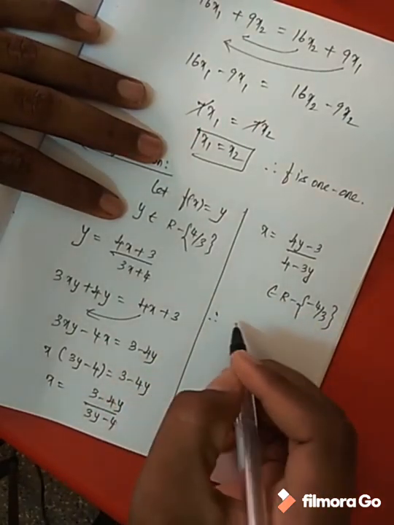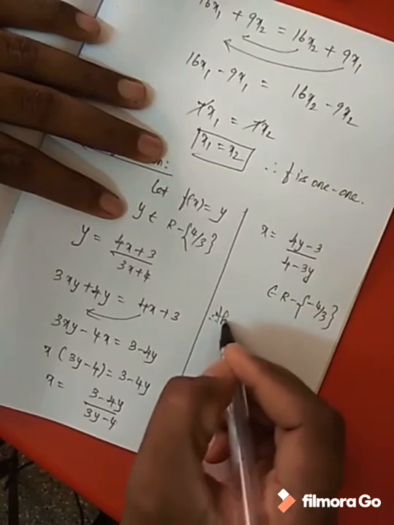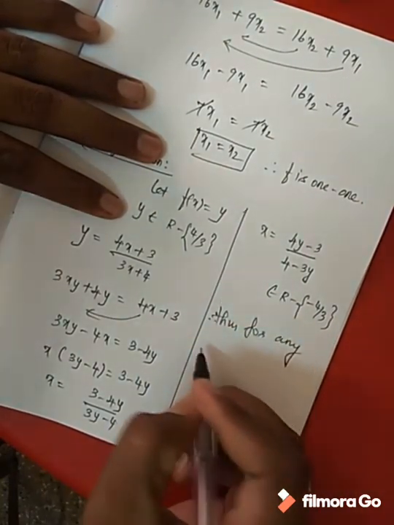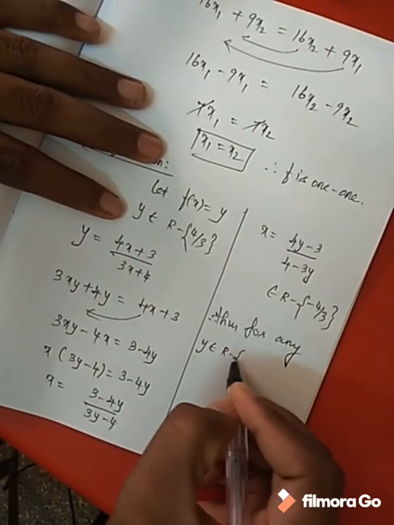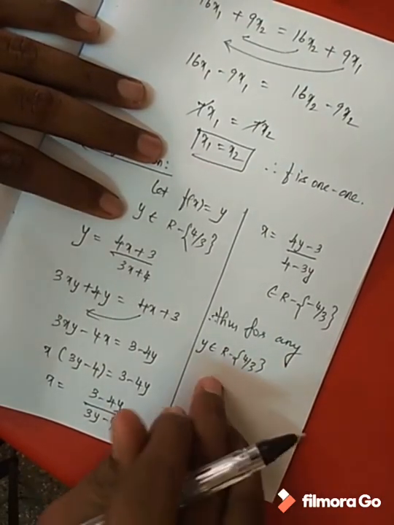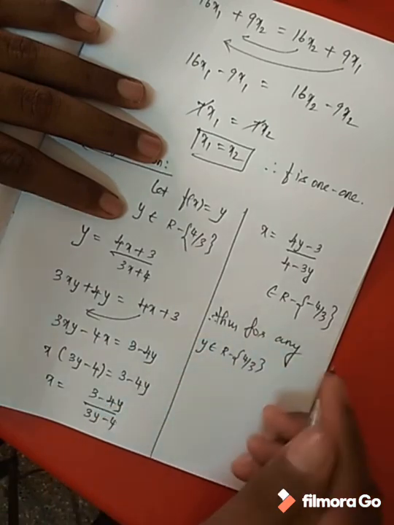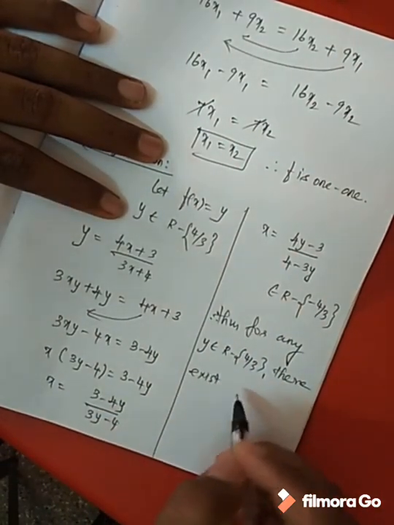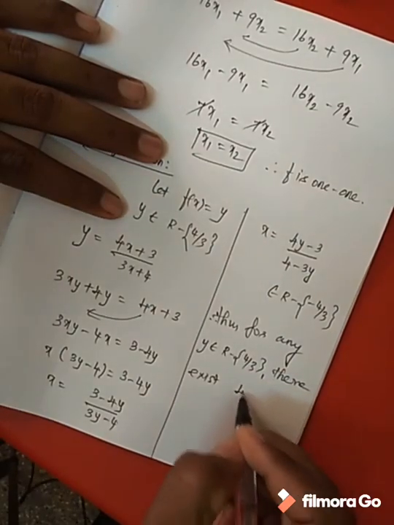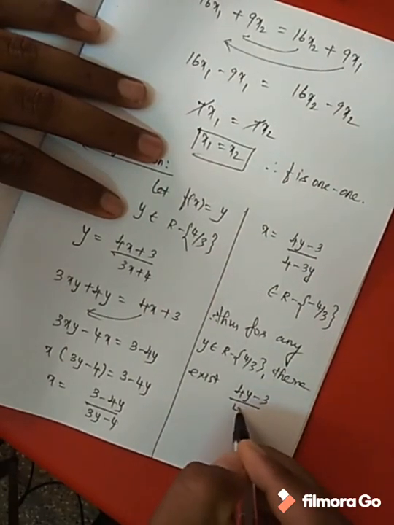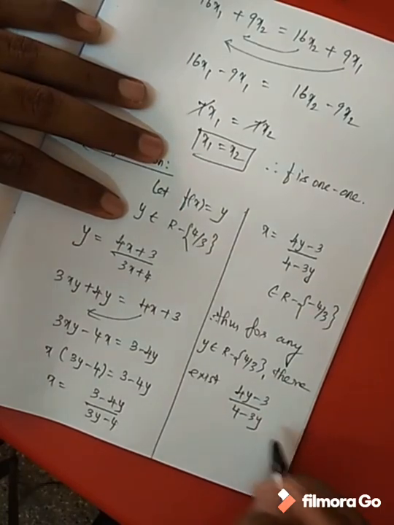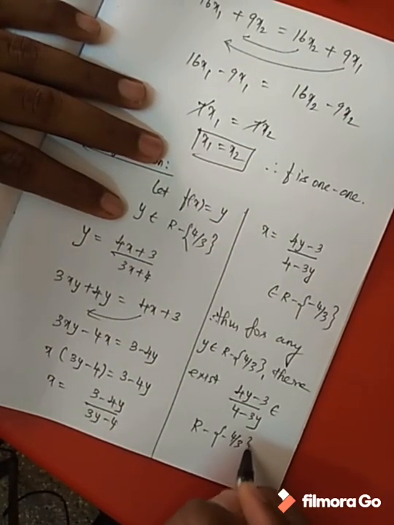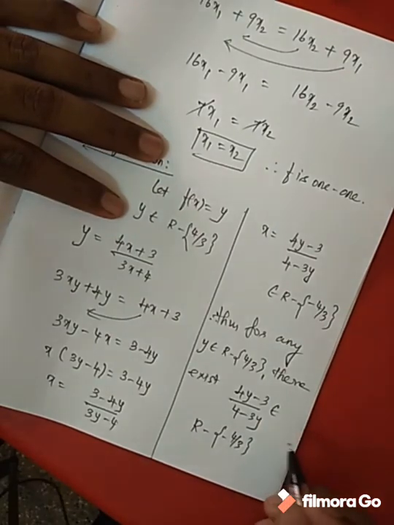Therefore, thus for any y belongs to R minus {-4/3}, there exists (4y minus 3) divided by (4 minus 3y) belongs to R minus {-4/3}, right?